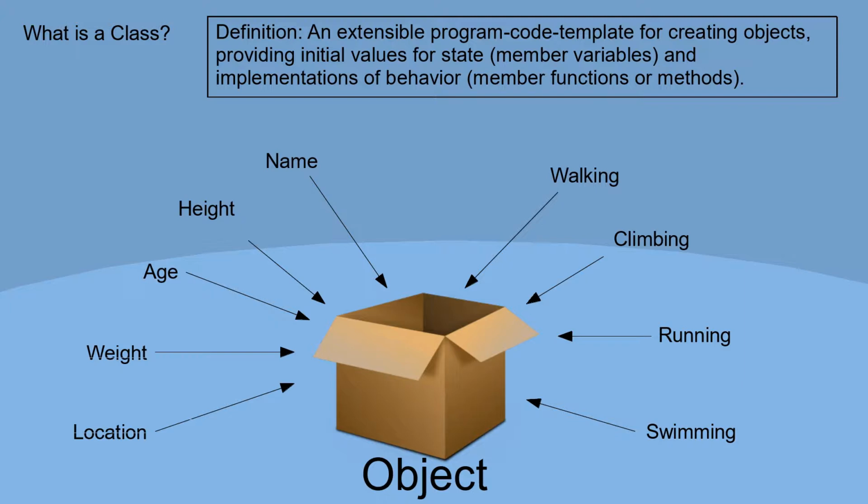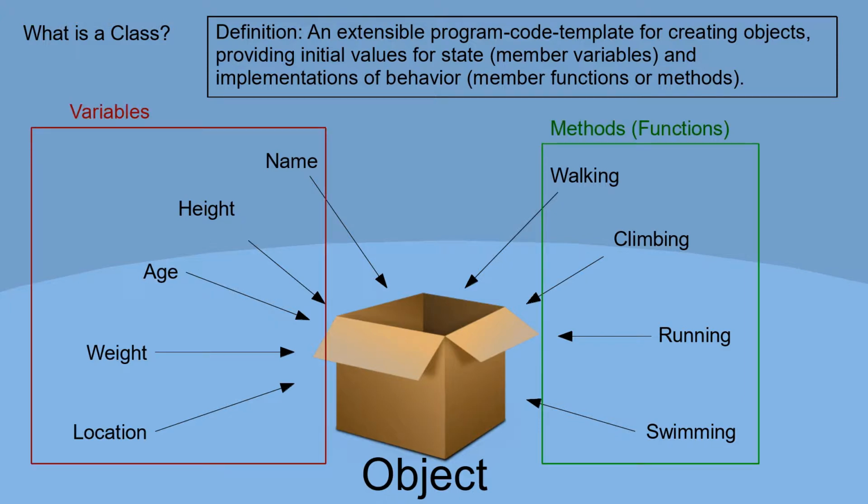We have simply defined an object, and inside of it we have definitions that explain all of these things, which gives us variables, or information that is tracked. And then we have methods or functions. These are the processes that actually provide functionality, or as Wikipedia likes to call it, implementations of behavior.